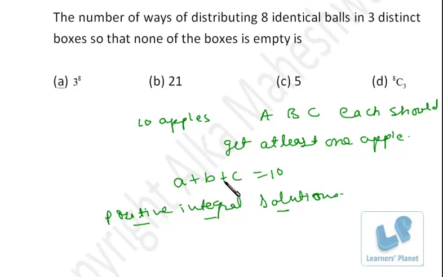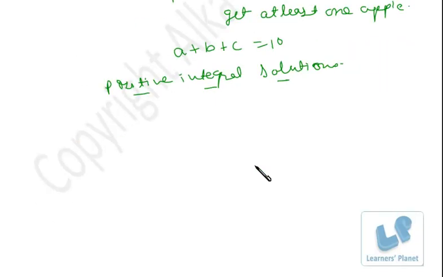Now how do we solve this problem? Just listen to me carefully. By the help of this concept we'll be able to solve this problem also, right? Now A plus B plus C is 10. I just mark over here, we are having 10 apples: 1, 2, 3, 4, 5, 6, 7, 8, 9 and 10, right?